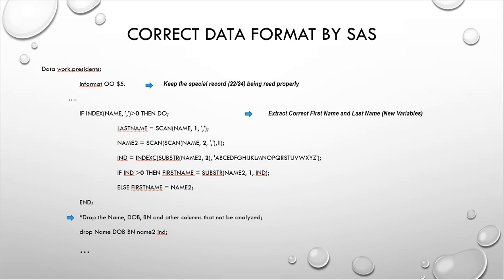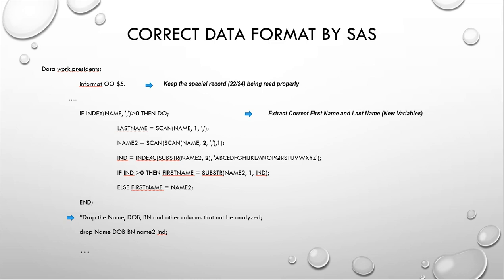The solution for the real SAS program is like here. When we import the data, we manually informat the order of office as a 5 byte length character. Let's keep the special record 22/24 be read properly.